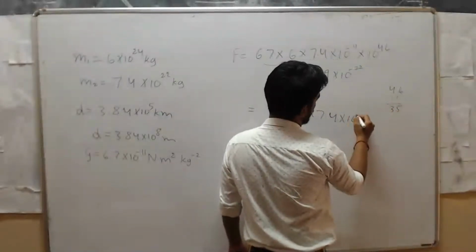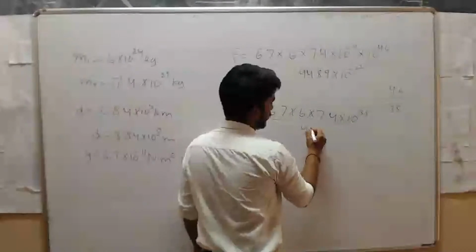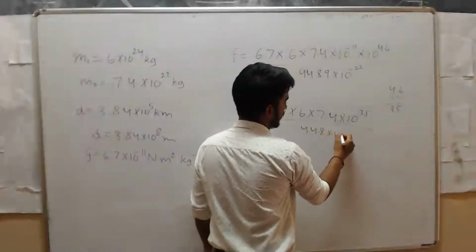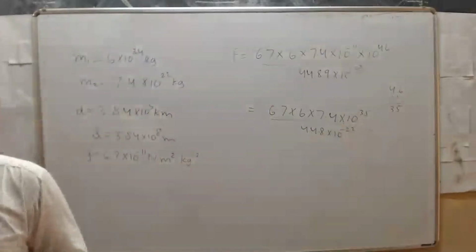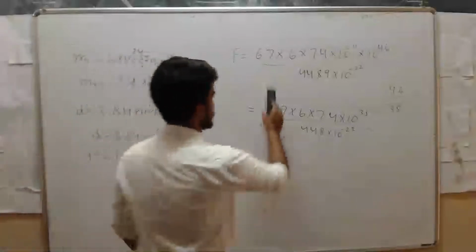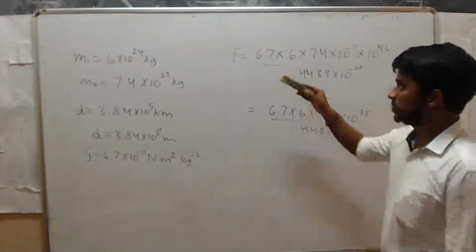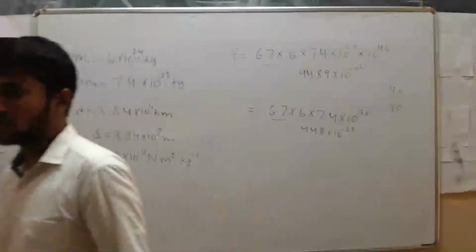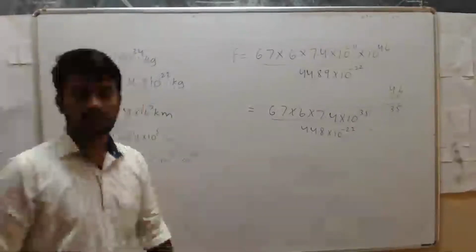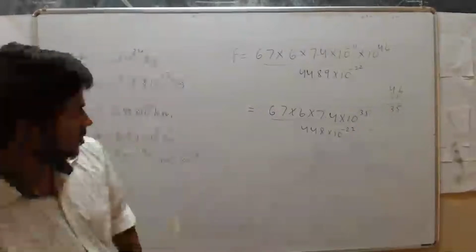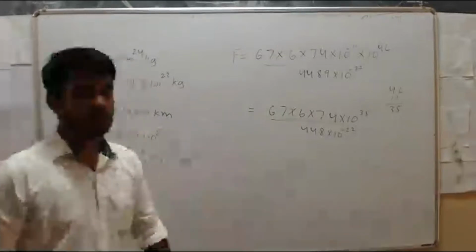So 10 raised to the power 35 divided by 44.89 into 10 raised to the power minus 22. Okay. See, you can multiply directly in the first step these two. I am just solving step by step. Clear? If no answer, just multiply 6.7 into 6 into 7.4. You can write the answer directly. No need to solve each and every step in particular. Okay. Next.